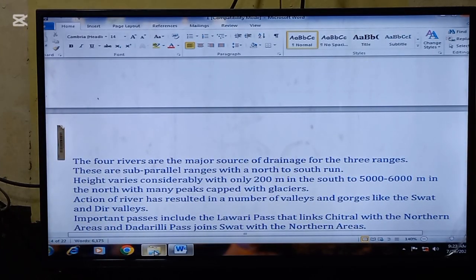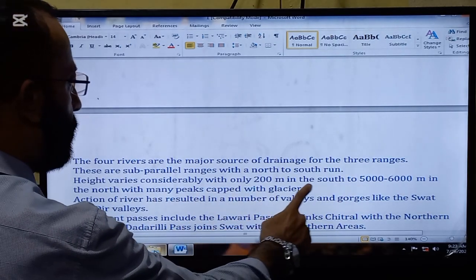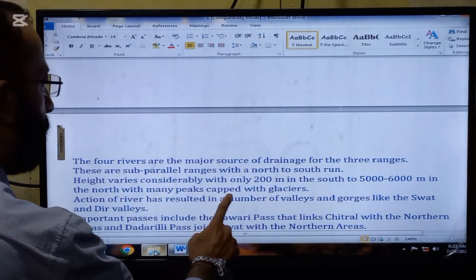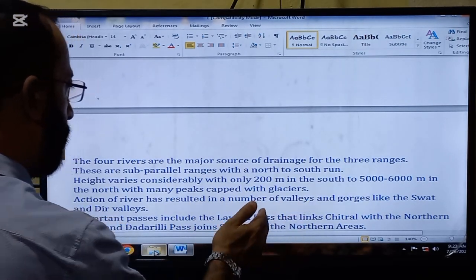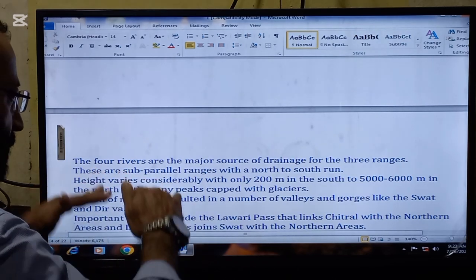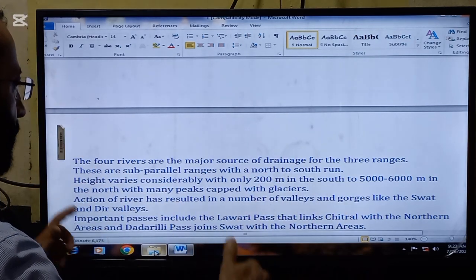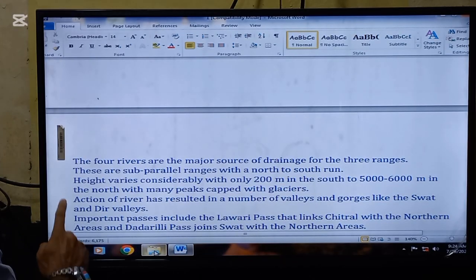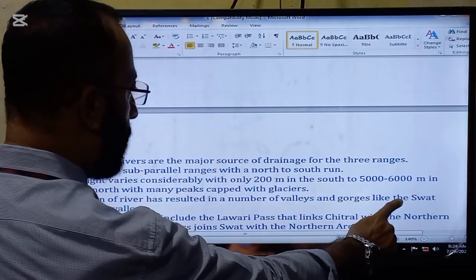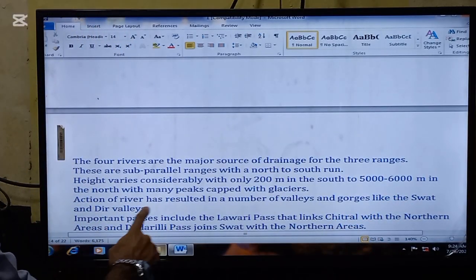The four rivers are the major source of the drainage for the three ranges. These are sub-parallel ranges with a north to south run. Height varies considerably, with only 200 meters in the south. So look at the variation of the height. At some places the height is very low, and at others very high, from 200 meters in the south to 5 to 6,000 meters in the north, with many peaks capped with glaciers.